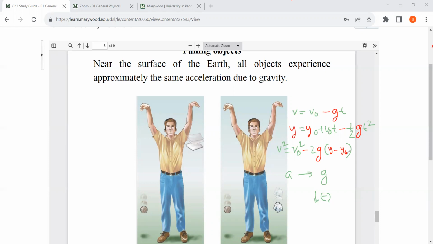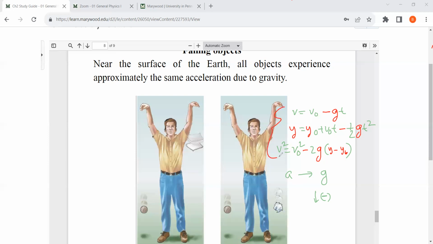So that is also free fall, and we can explain that with these three equations. If you throw an object upward and ignore the air resistance, then again to understand the motion of that object, you can use these three equations.